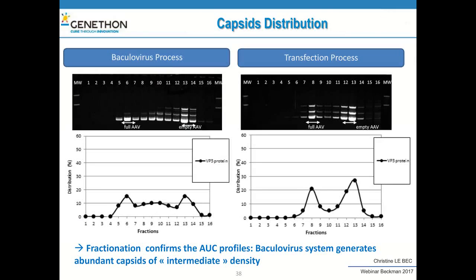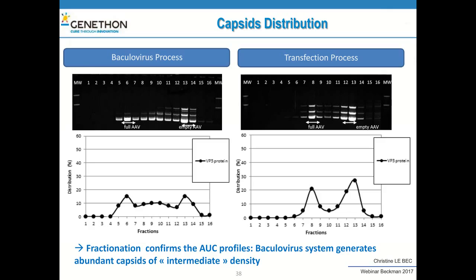On this slide, you can see the capsid distribution. The left panel is for the Baculovirus, and the right panel is for the transfection process. Fraction 1 is from the bottom of the tube, which is empty, and fraction 17 is on the top, for the heavy particles.